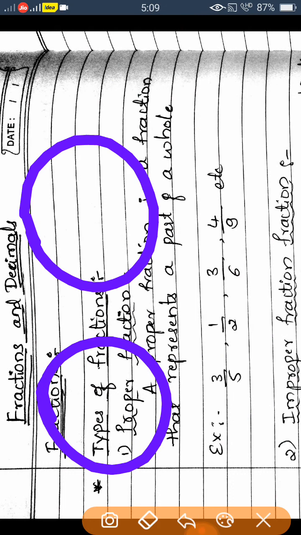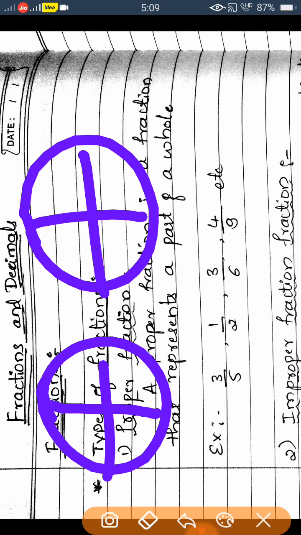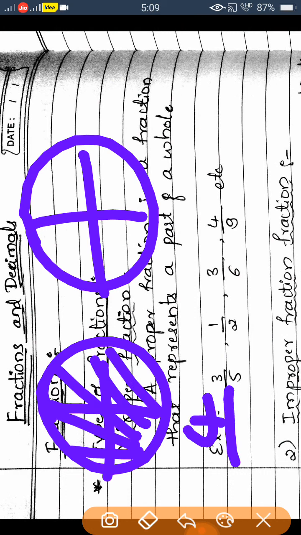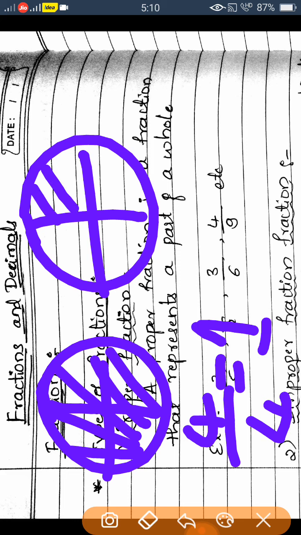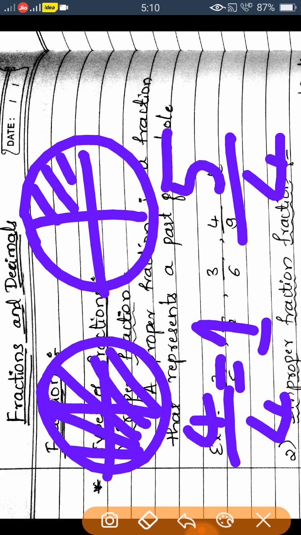If you take like this, see, I made four parts each in the same apples, same size apples. Here the full parts means 4 by 4, isn't it? Or you can write it as 1 only, because one full is a whole. Then in this, total how many parts have you taken? 1 2 3 4 5, so 5 by 4, isn't it?